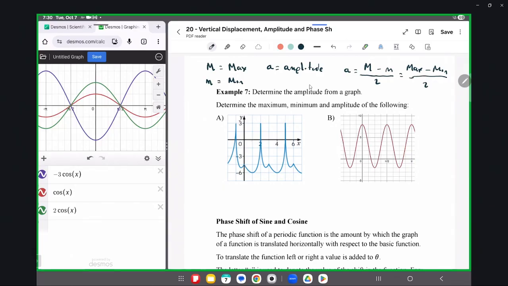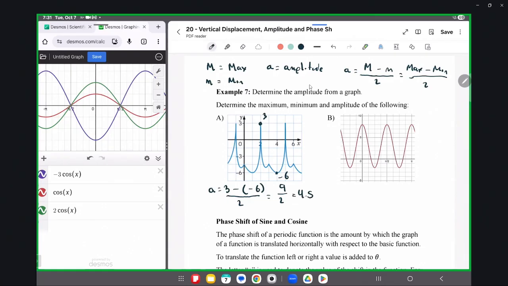So the first one, we can see that we've got a max at 3. We've got a minimum at -6. So the amplitude will be 3 minus -6 over top of 2, sorry, not over top of 3. 3 minus -6 is 9, over 2, which is going to be 4.5.